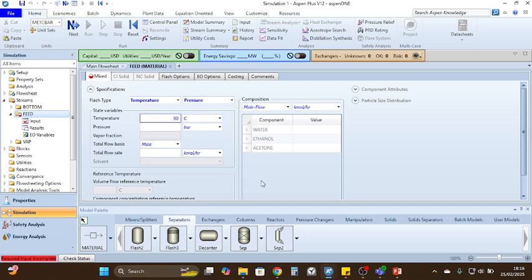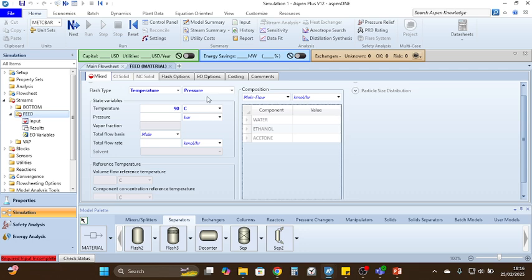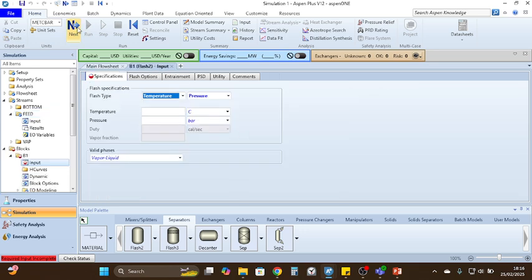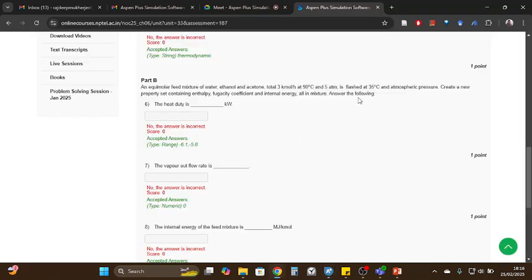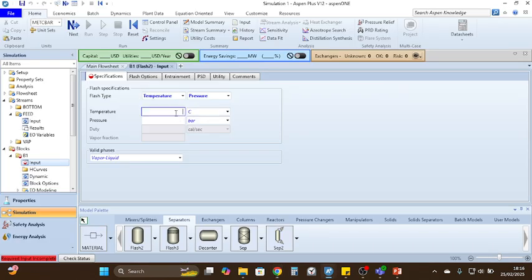Temperature is 90 degrees Celsius and pressure is 5 atmosphere. The mole flow is 3 kilomole per hour, the total mole flow, and it is equimolar. Now we have to specify the flash. It is flashed at 35 degrees Celsius and atmospheric pressure, 35 degrees Celsius and 1 atmosphere.